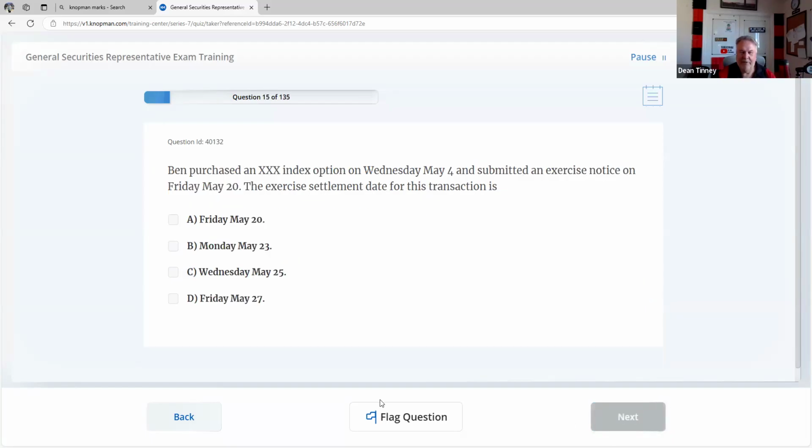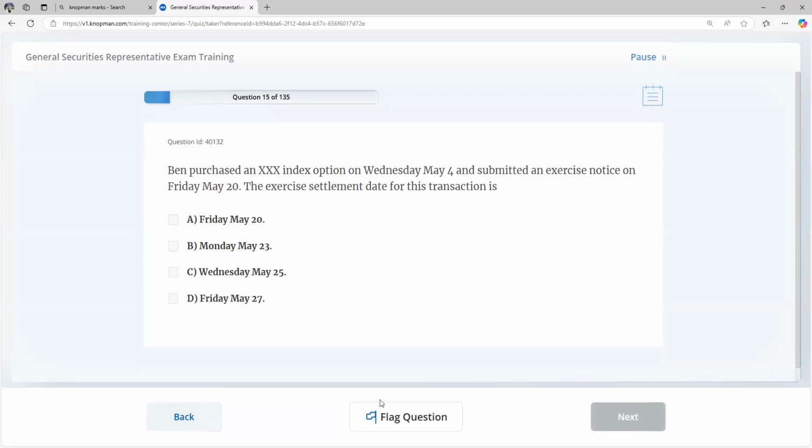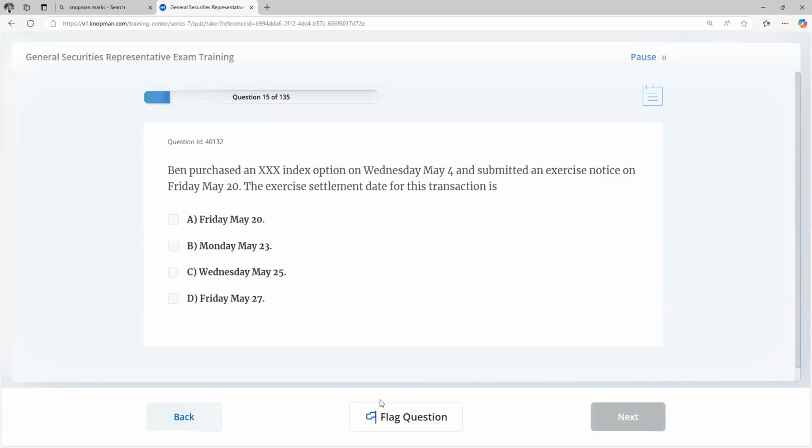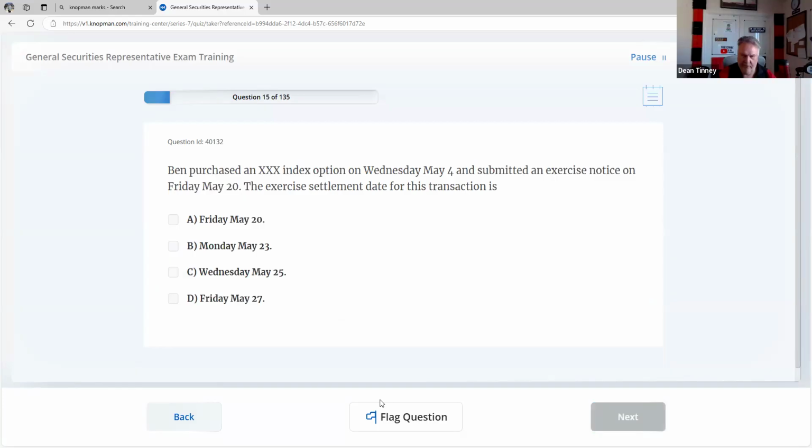Ben purchased a triple X index option on Wednesday, May 4th, and submitted an exercise notice on Friday, May 20th. The exercise settlement date for this transaction is. Well, index options are T plus one, right? That's right.